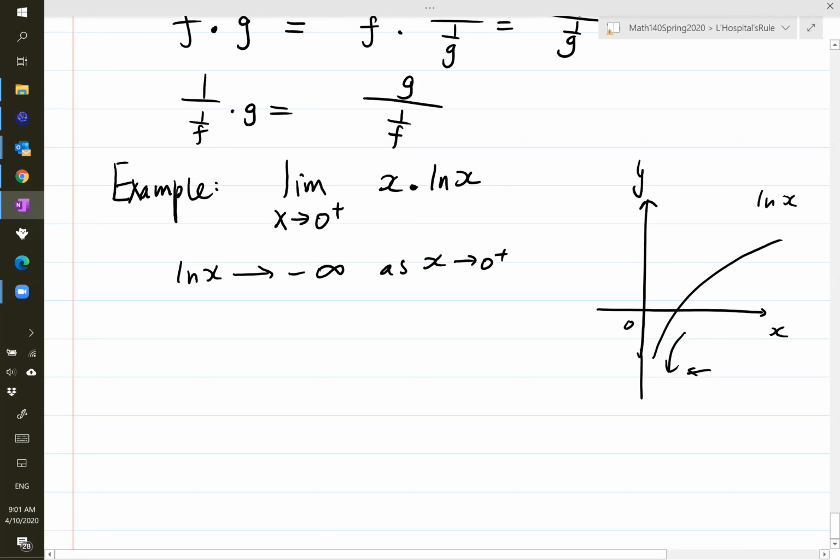If you don't know which to flip, then you flip both and check which one works. Here, we flip x. If you flip the other, it doesn't work.